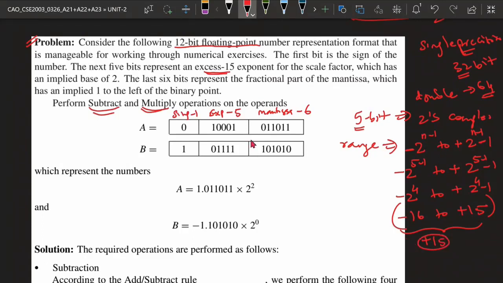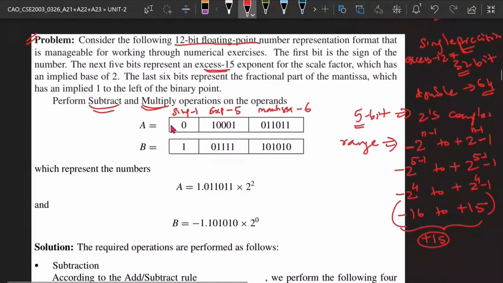This representation, if it is 5-bit, will be represented in excess 15. Just like single precision is called excess 127, similarly if the exponent is 5-bit, it will be considered an excess 15 exponent.